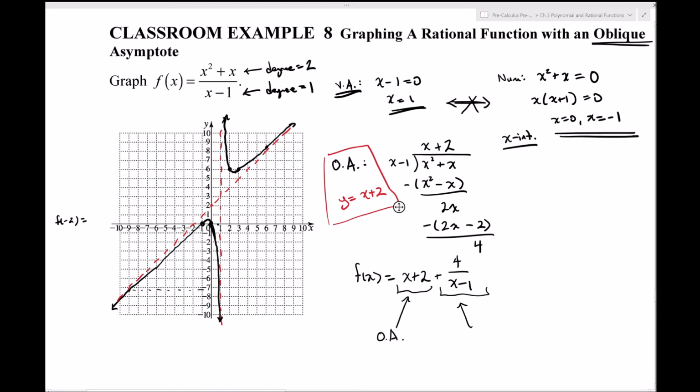Then we worked out the oblique asymptote. We first observed that the degree of the polynomial numerator is going to be larger than the degree of the denominator polynomial, and they differ by a degree of 1. So one was 2, the other one was 1. The one on top is bigger, oblique asymptote. And you find the oblique asymptote, it's actually equal to the quotient when you divide. So everything that's in the quotient is your oblique asymptote.